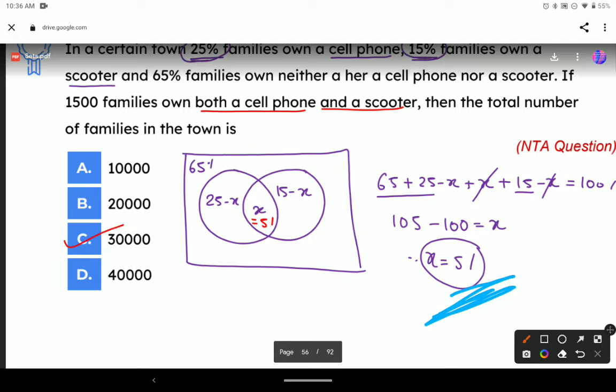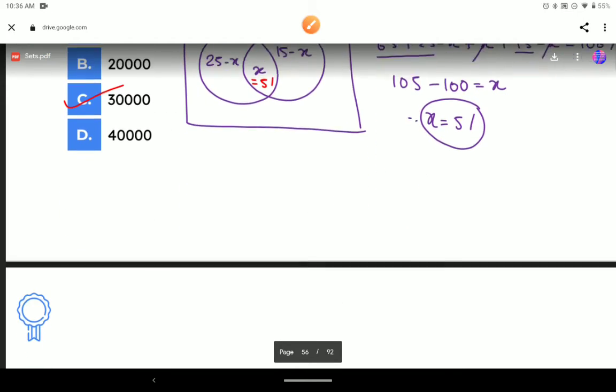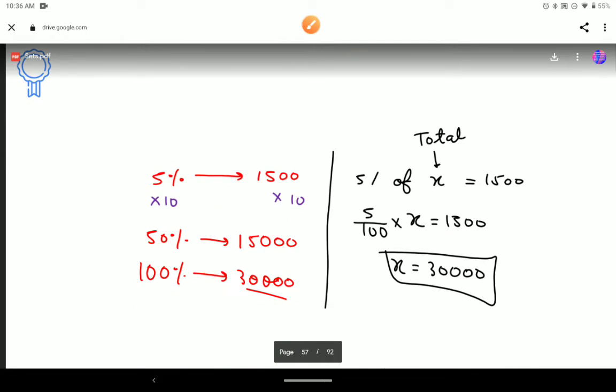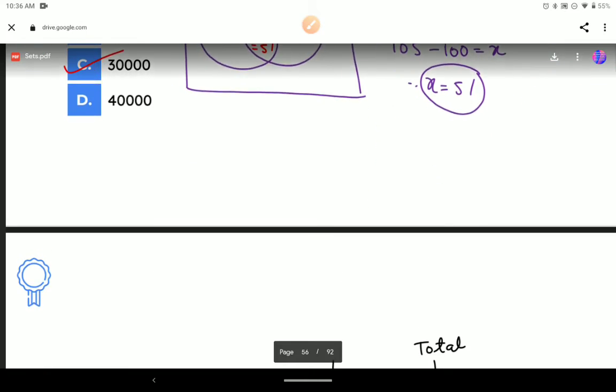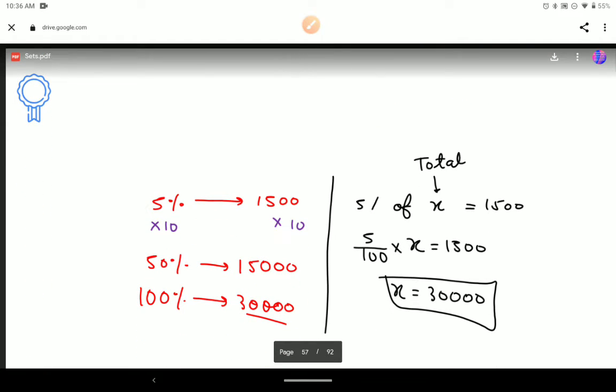So 5% is 1500, which means 50% is 15,000 and 100% is 30,000. So the total is 30,000. This is as simple as that.